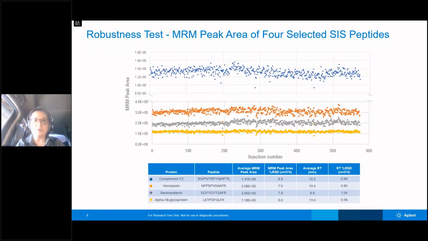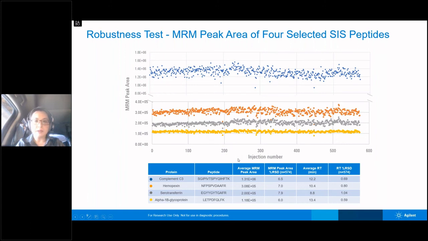And here shows 4 selected peptides, their raw MRM peak area distribution during this robustness test. We use different colors for different peptides. The top peptide has almost 11 folds of response compared to the bottom peptide shown here.